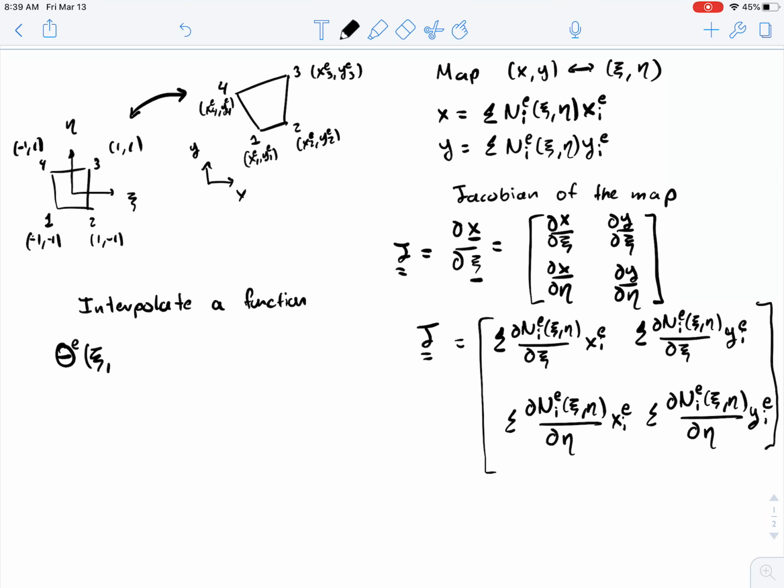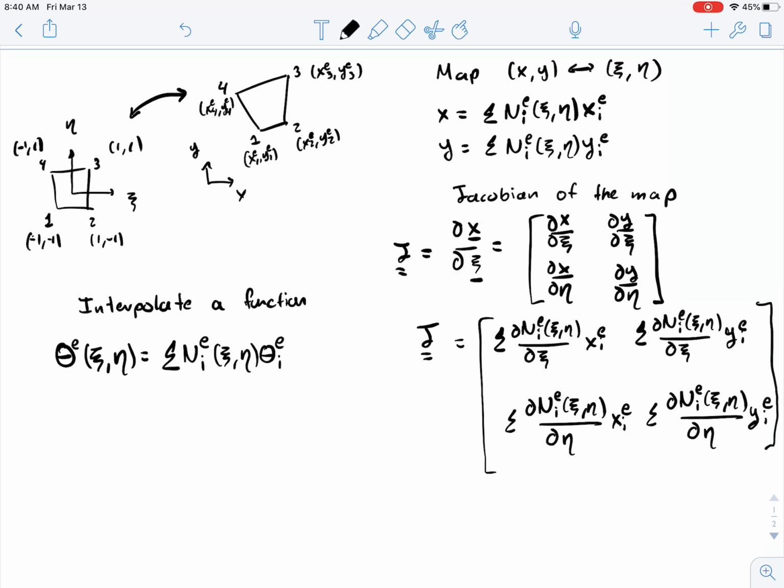And now what I'll do is I'll use the shape functions in the parent domain, which are the ones that were introduced in the lecture. So a function interpolated over the parent domain will be the sum of the shape functions times the nodal values. So if I have nodal values, then I can interpolate the function.